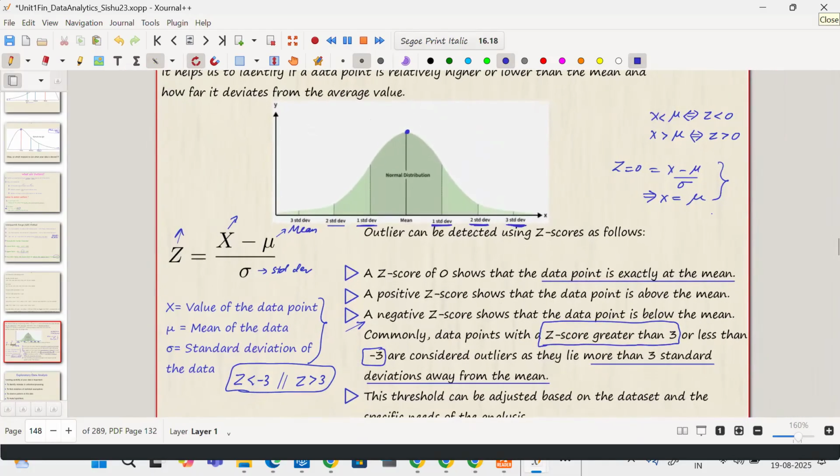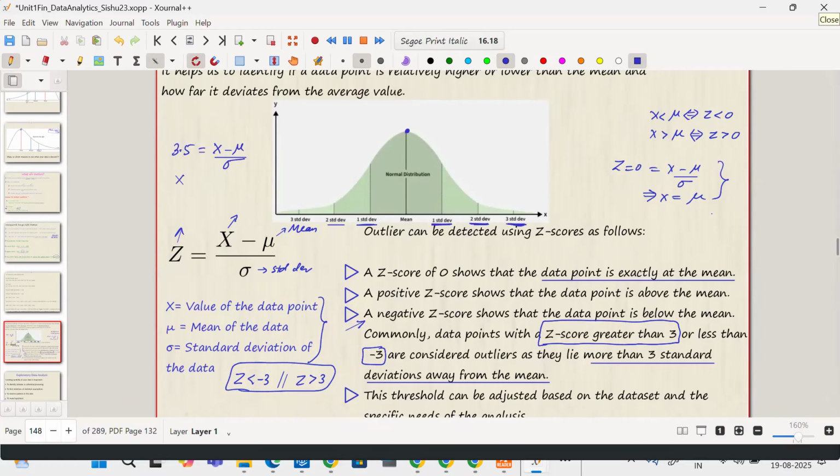Suppose you got the z score to be 3.5. What does it mean? It means (x minus mu) divided by sigma is 3.5. What is x? X is equal to mu plus 3.5 sigma, isn't it? So what does it tell you?